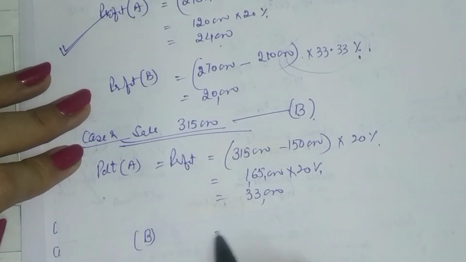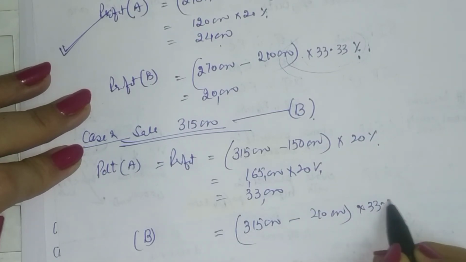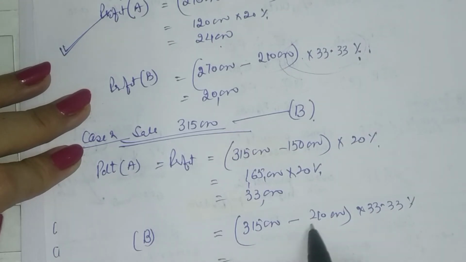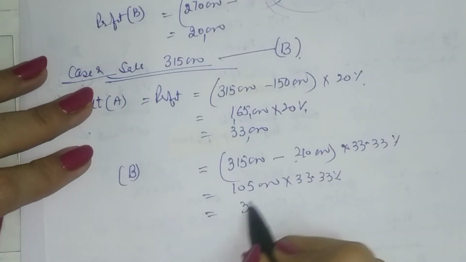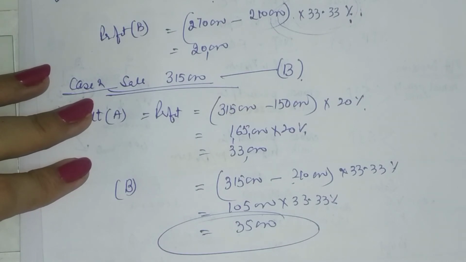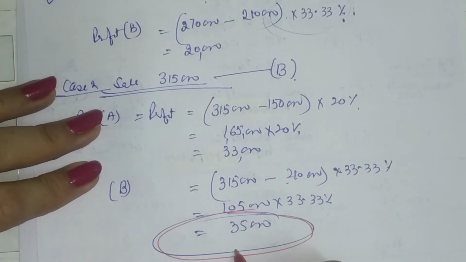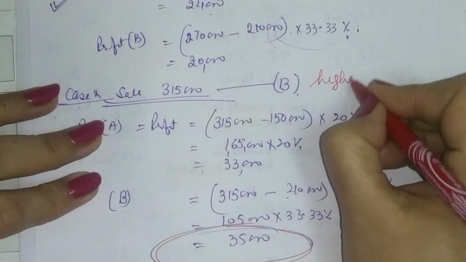Now for product line B, it will be 3,15,000 minus their break-even point 2,10,000 into 33 1/3%. That is 1,05,000 into 33 1/3%. That is 35,000. Okay, so this is giving you more profit. So you are correct in choosing a product line with higher PV ratio.